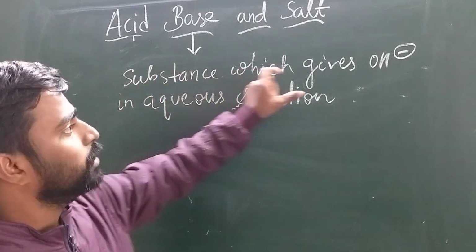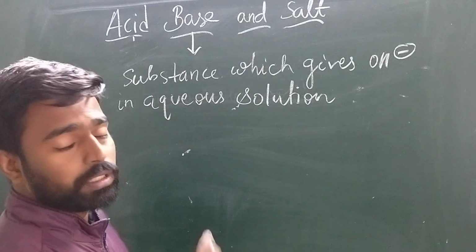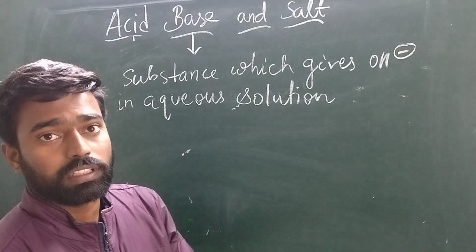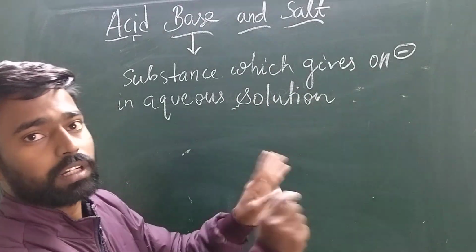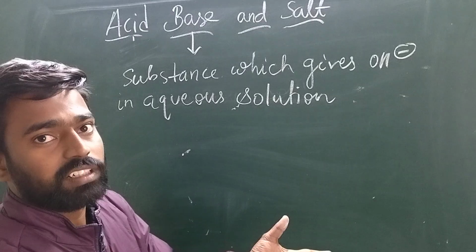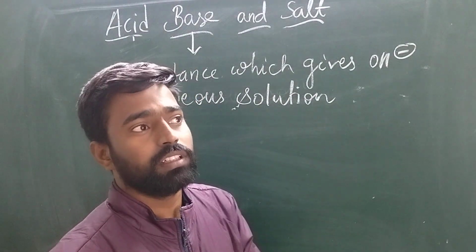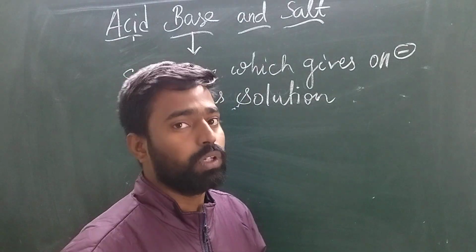When they dissolve in water, they give OH minus ion. When they are not dissolved, they are simply a compound, not categorized as a base. But after dissolving in the water, if they furnish the OH minus ion, they are called base.